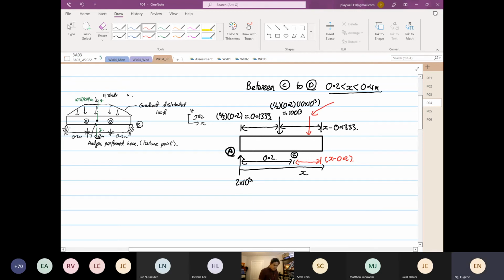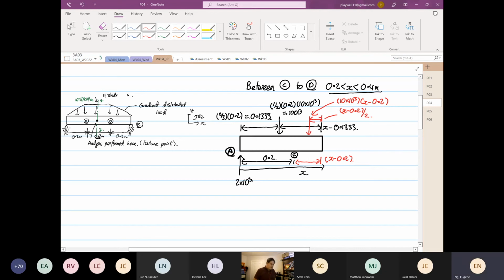This equivalent load over here is equal to 10 times 10 to the power 3, multiplied by x minus 0.2. Oh, it is getting ugly and messy now. And the distance from here to here is equal to x minus 0.2 divided by 2.